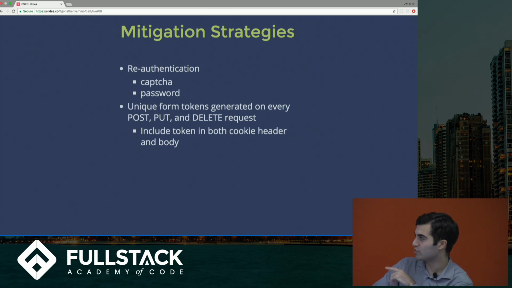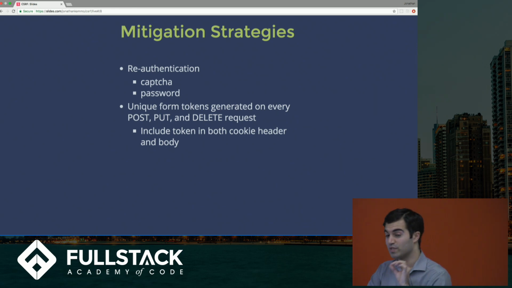But probably the go-to method is to make unique form tokens. Any form or link you have on your site, you should have these uniquely generated tokens that need to be sent. It's maybe a little annoying to keep track of everything and implement, but they need to be sent on every post, put, or delete request.